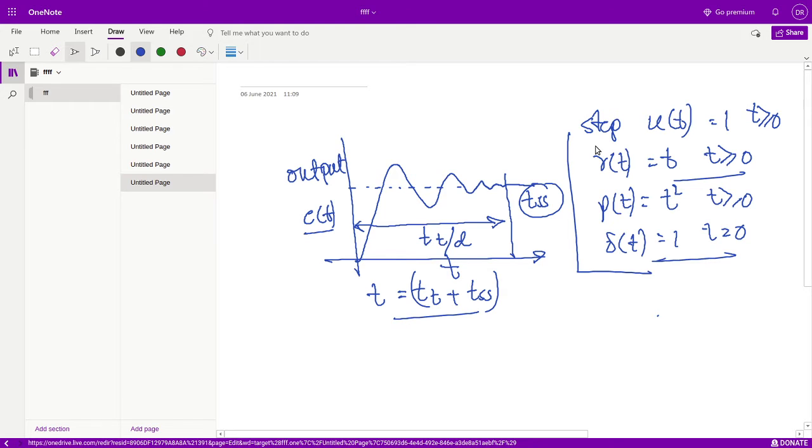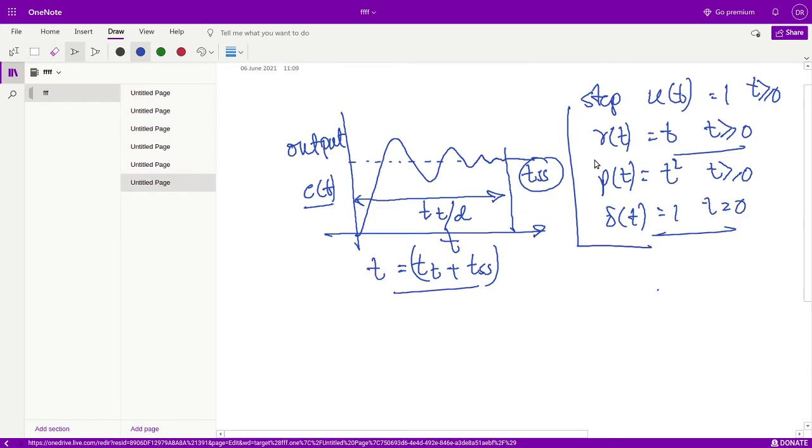Why is it so important? Because using this time domain analysis, we can analyze how the system will reach the steady state condition, or how the system is delayed in reaching the steady state response from the transient response.